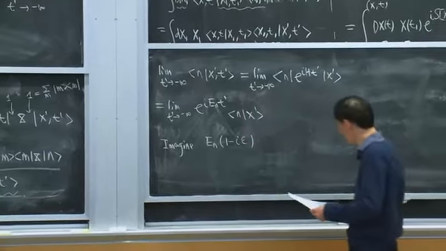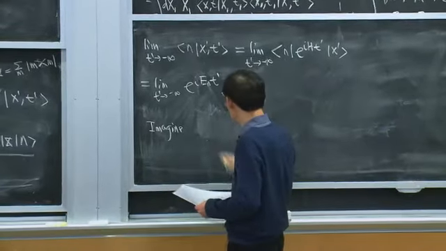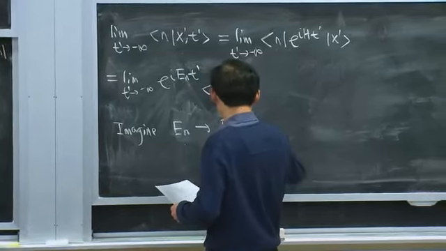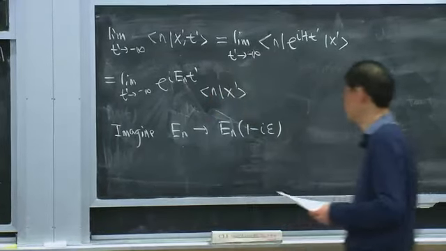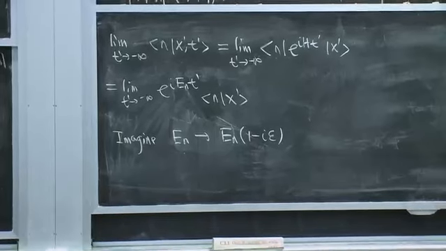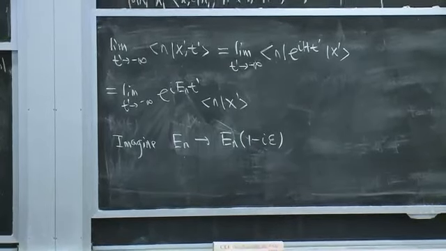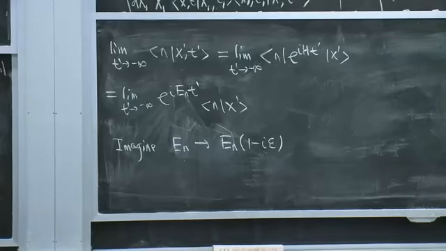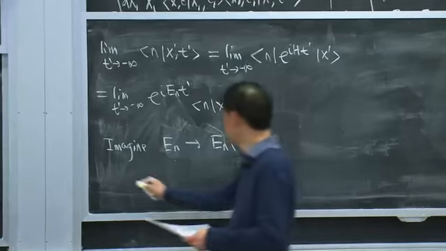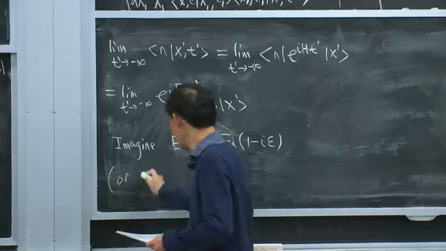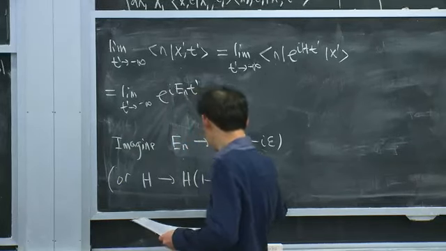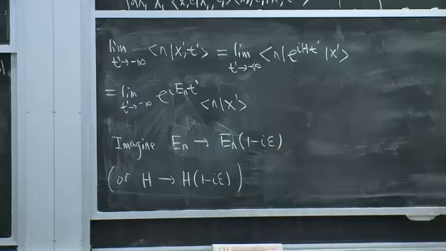Take En goes to En(1 - iε), where ε is a small positive number. Which is equivalent to taking your Hamiltonian H and taking it to H(1 - iε). It gives your Hamiltonian a slightly imaginary part. It's equivalent.